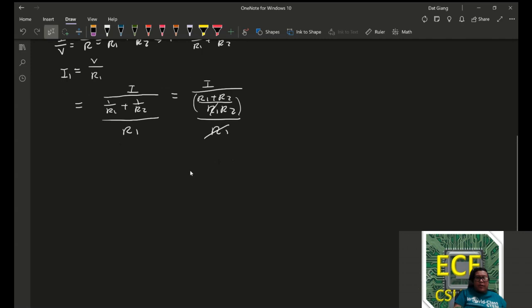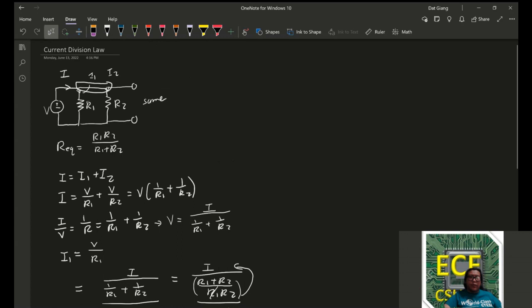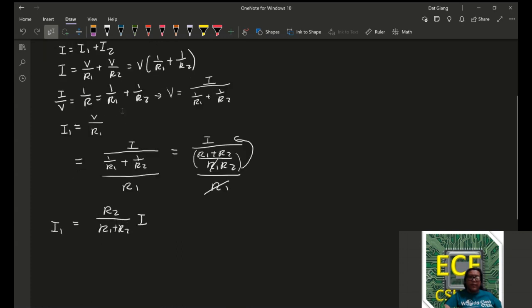So at the end, it goes at the bottom, which flips it to the top. So I1, therefore, is going to be R2 divided by R1 plus R2 times I. Notice that instead of knowing about the resistance here, we need to know about the resistance here.